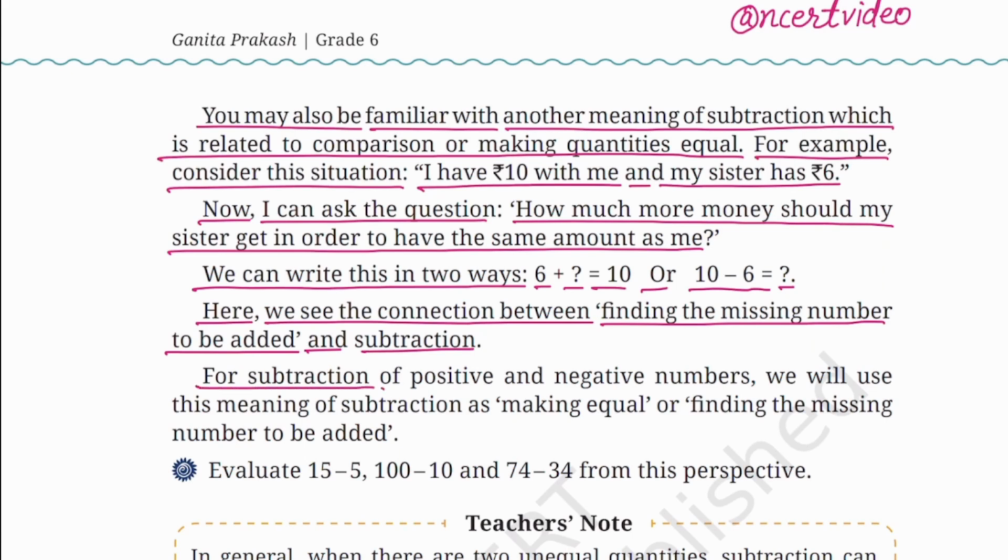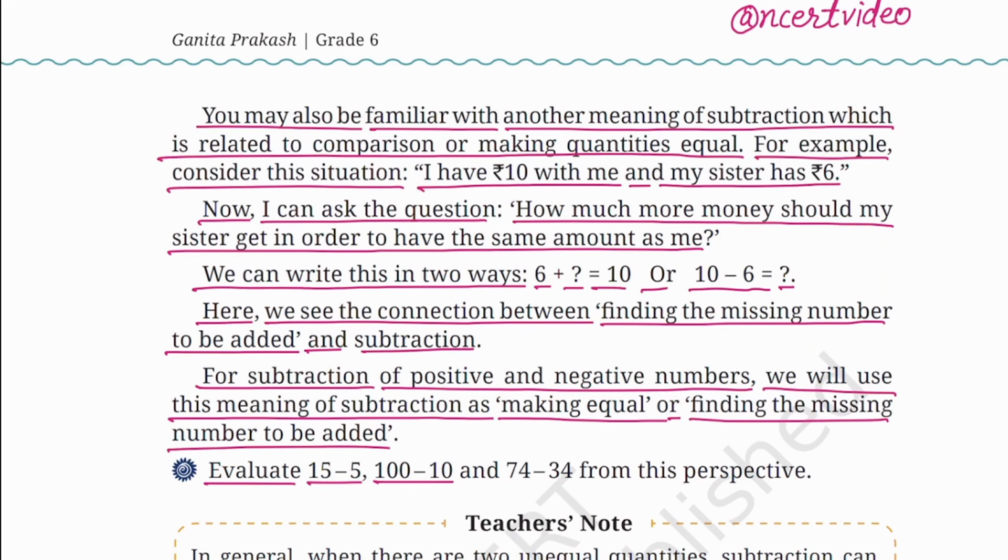For subtraction of positive and negative numbers, we will use this meaning of subtraction as making equal or finding the missing number to be added. Evaluate 15 minus 5, 100 minus 10 and 74 minus 34 from this perspective. 15 minus 5 is equal to question mark, or 5 plus question mark is equal to 15.